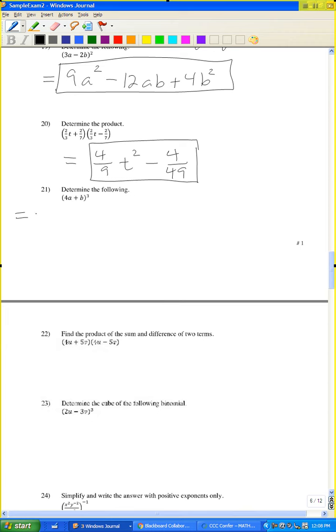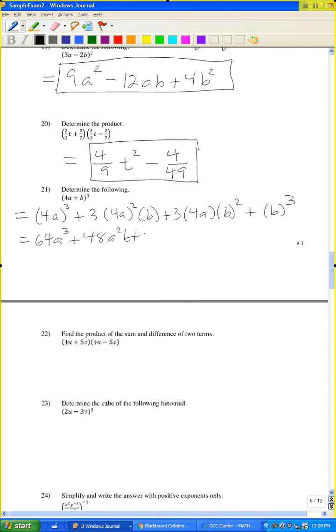So 4a plus b quantity cubed is, well, first object cubed plus 3, the first part squared times second part, plus 3, first part times second part squared, plus second part cubed. 4 cubed, 64, a cubed. 4 squared, 16 times 3, 48, a squared b. 3 times 4, 12, ab squared plus b cubed. And that is your answer.